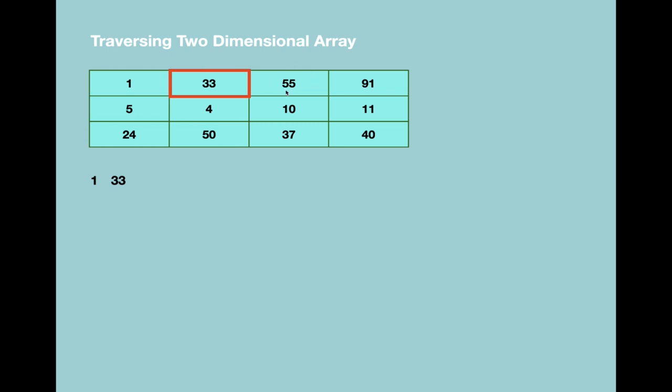Then the next will be this one, again in the first row and third column. Then it will continue in the first row and fourth column. As you see, when you traverse a two-dimensional array, you first finish the first row, then continue to the next row. Then we continue in the next row until we finish all columns.